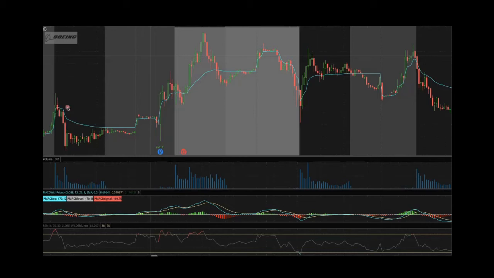So you've got to watch your patterns in coordination with your indicators here. It's all to confirm your theory. What do I think is going on? Now I want to confirm what I'm thinking using some indicators.